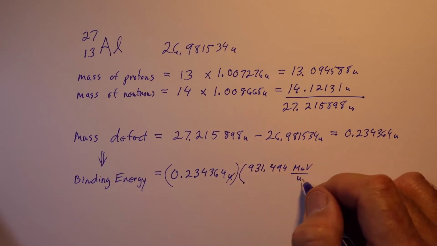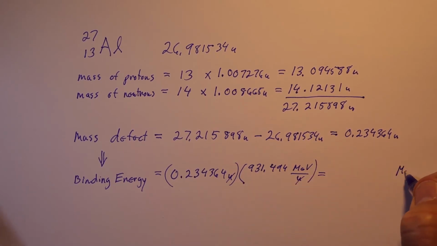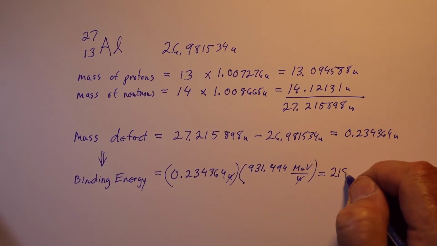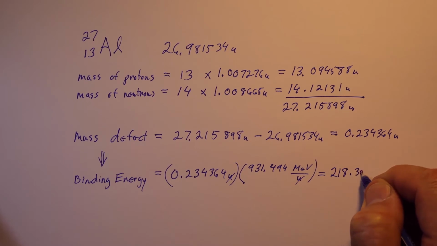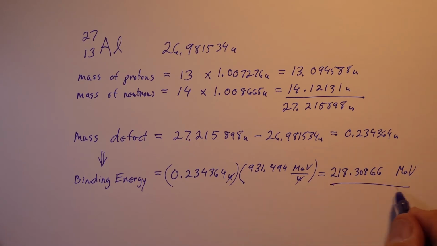So notice atomic mass units will cancel, and we're going to get an answer in megaelectron volts. And when we do that multiplication, we get 218.30866 megaelectron volts. And that is the binding energy that's holding this isotope together.